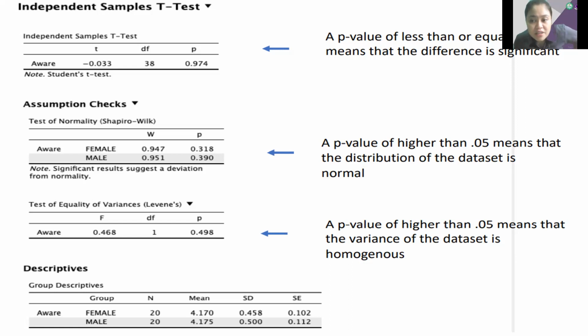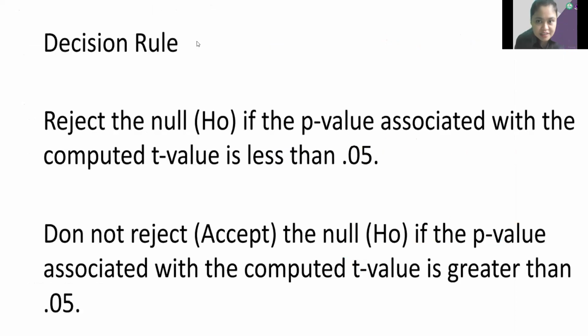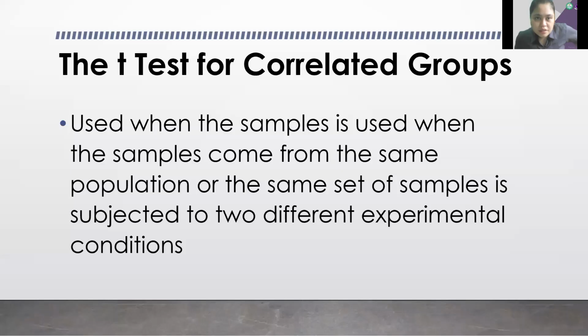And that means the variance of the data set is homogeneous, meaning equal sila. So yes, tama nga yung paggamit natin for the independent sample t-test. Okay? So yan yung decision rule natin, nasabi ko na yan kanina. You reject the null hypothesis if the p-value is less than 0.05. Okay?